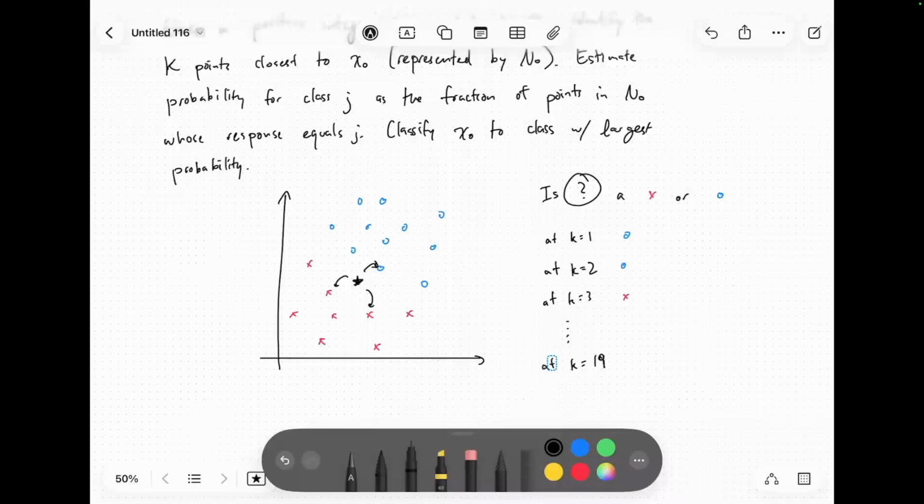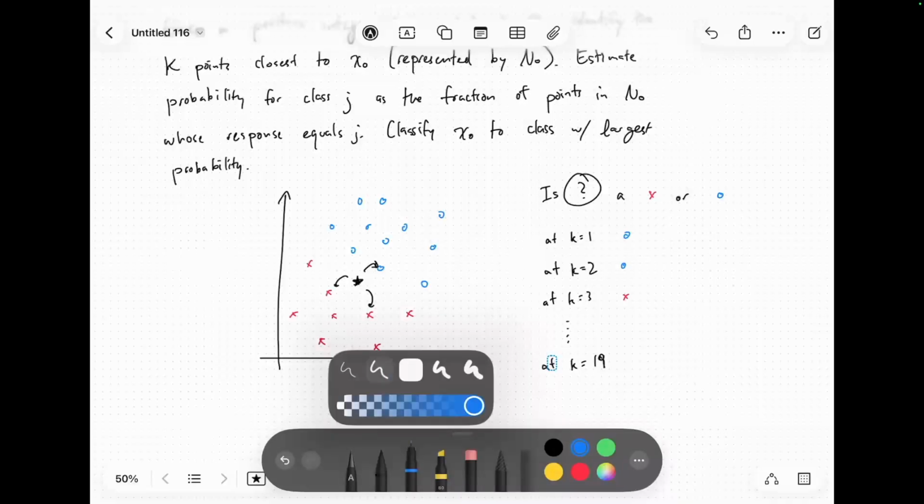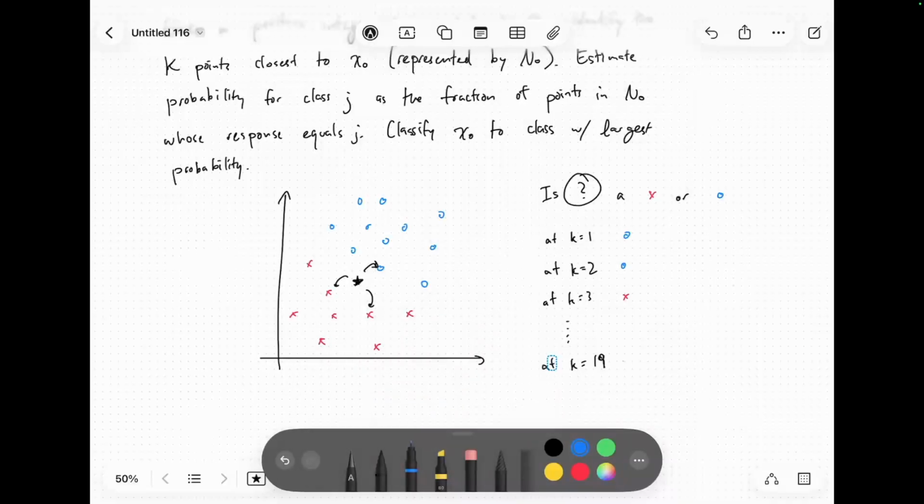So you could include all the neighbors. You can include all the points if your k is large enough. And in that case, you would get switched into blue. Okay, so even down here, where I'm close to a whole bunch of red dots, if my k is large enough, the prediction will still be blue.